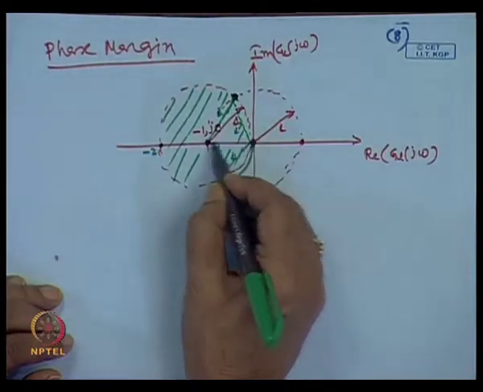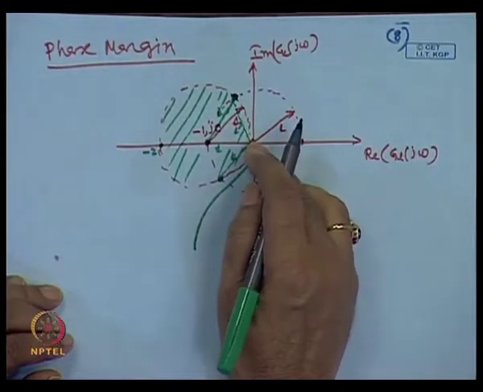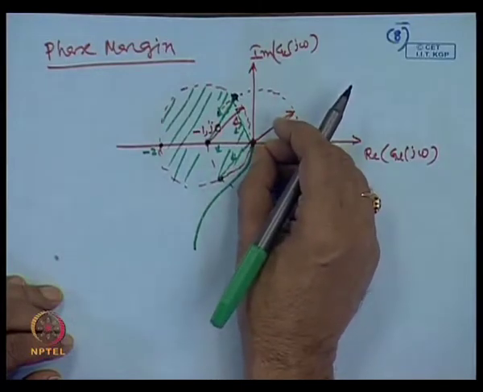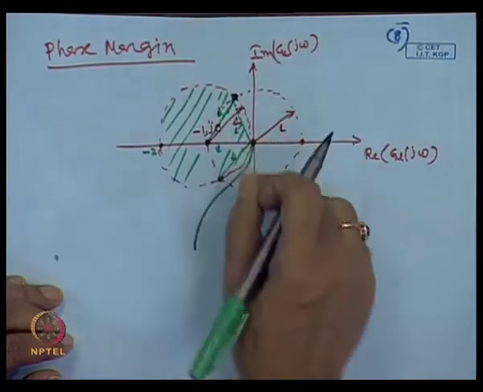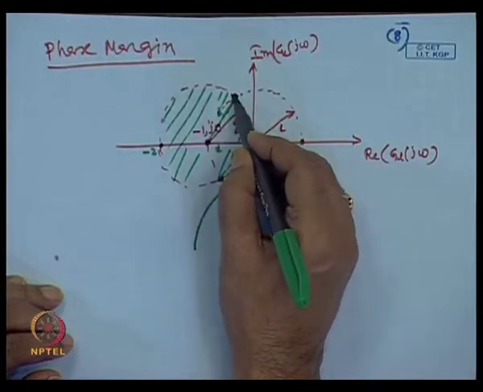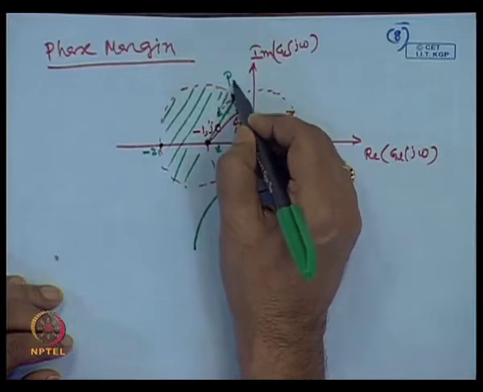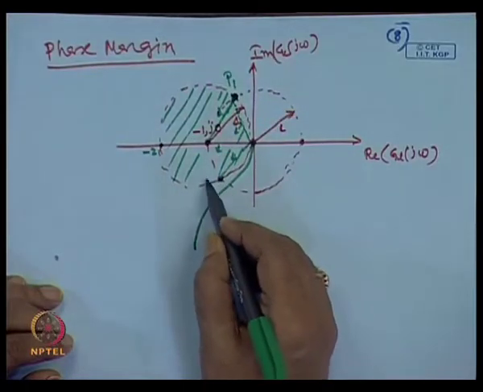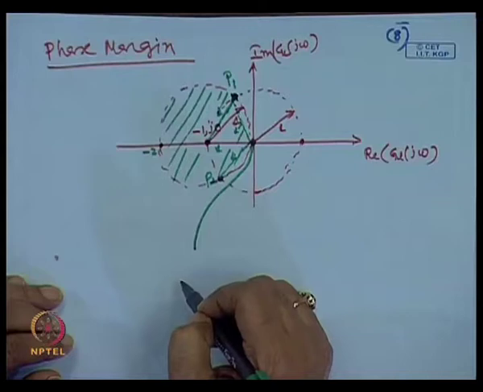From this triangle, the origin is the center, and we have drawn a circle of radius 1. When the two circles cross, let us call this point P 1 and this the P 2 point. Agree?